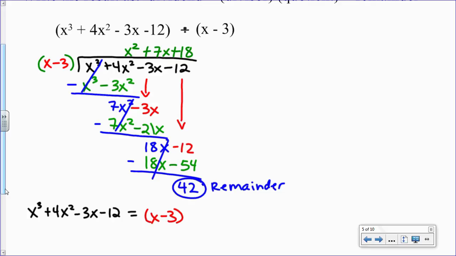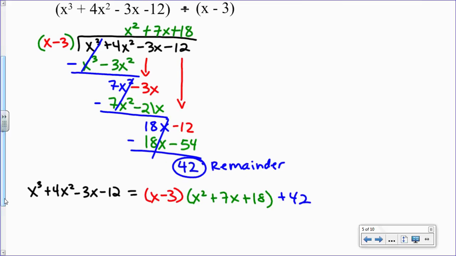So this equals x minus 3 times x squared plus 7x plus 18 plus the remainder, which is 42.